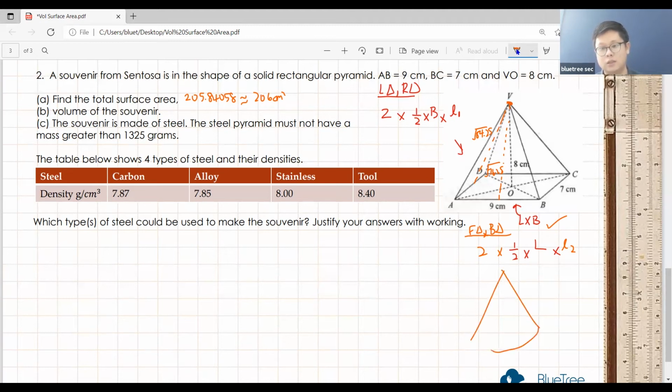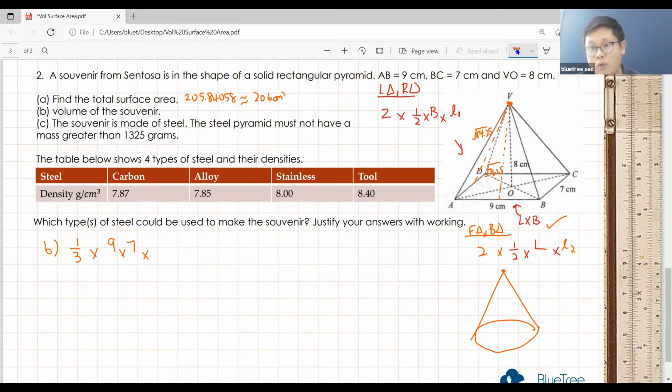The two shapes that have this kind of pattern, converging to one vertex at the top, are basically a cone and a pyramid. So it's going to be 1/3 times the base area of the pyramid, which is the length times breadth, times the height. Okay, 1/3 times base area times height.